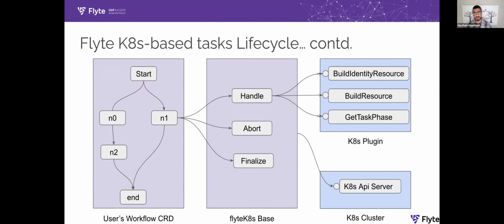So this is us asking you to translate back, did the operator of this object decide that it succeeded, it finished, is it blocked waiting for resources, or what's going on with it? You should know that by looking at the Kubernetes object and tell us back, well, this state here means this in Flyte land, or Flyte lingo. So these are really the only 3 functions you need to implement for your Kubernetes object, and it just plugs into the system, and you get the full lifecycle management and all of that.